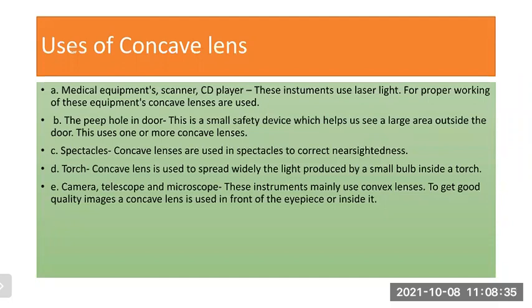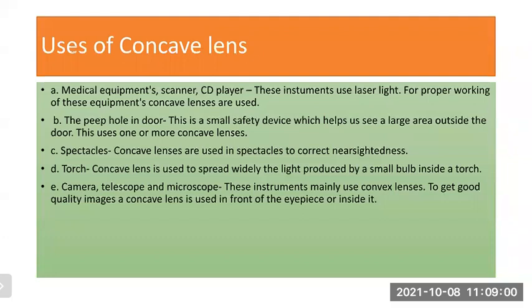Concave lens is used to spread widely the light produced by a small bulb inside a torch. Got it? Because it has the ability to diverge, therefore, it is used in the torch to spread that light.